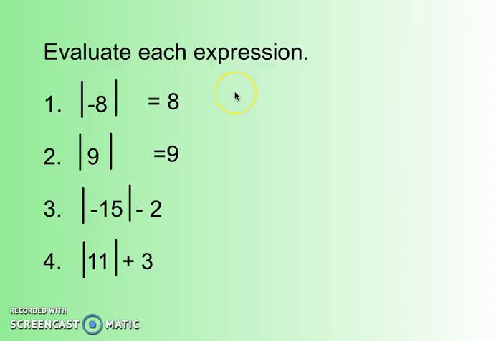Well, that would be 15, because it's 15 places from 0. But then I notice that I have -2 afterwards. So that means I need to subtract 2 from my distance. I start off with 15 and subtract 2, and my answer is 13. Here's another way I could write it down underneath: the absolute value of -15 is 15, minus 2, and I get 13.